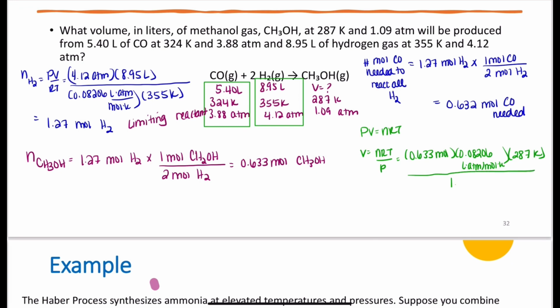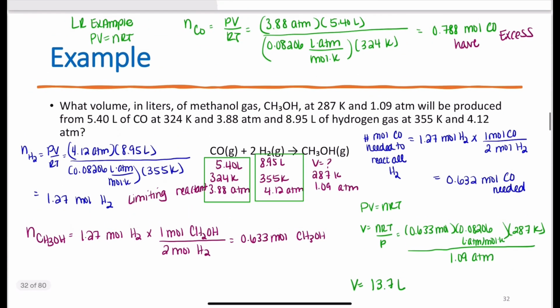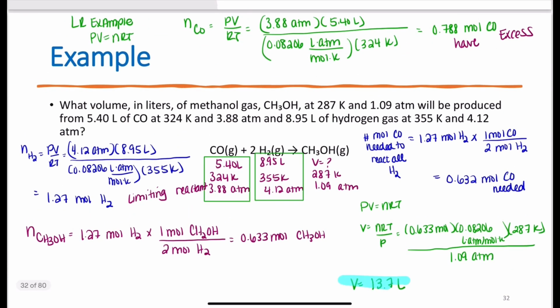Pressure 1.09 atmosphere. Volume 13.7 liters. So lots of work there, but I'd be able to produce 13.7 liters of methanol based on these conditions.